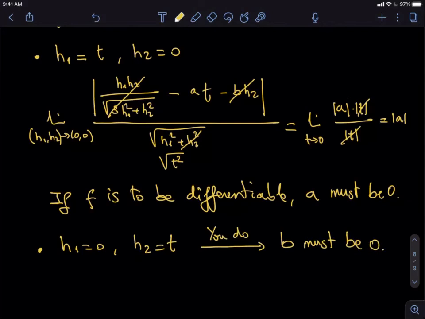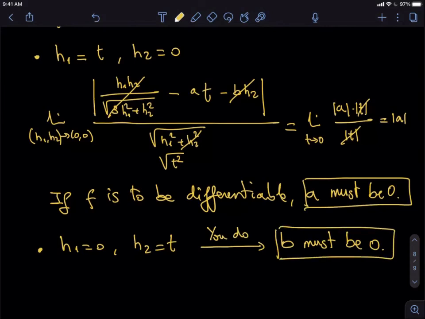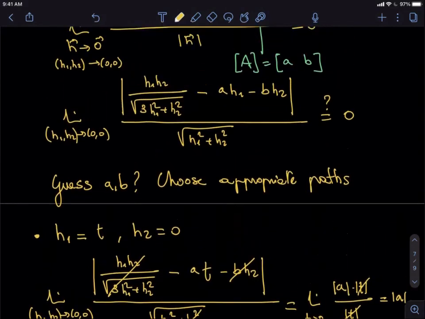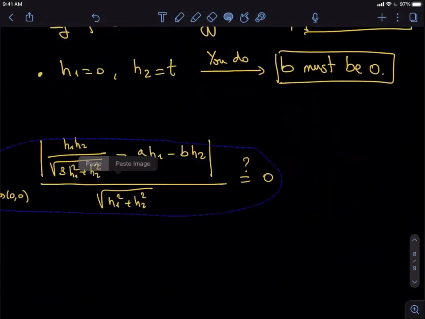Okay, so this is actually very good, because before we didn't know neither A nor B, but now we do. So there is a lot more that we can say here. Copy paste that limit that we need to see if it's 0 or not.